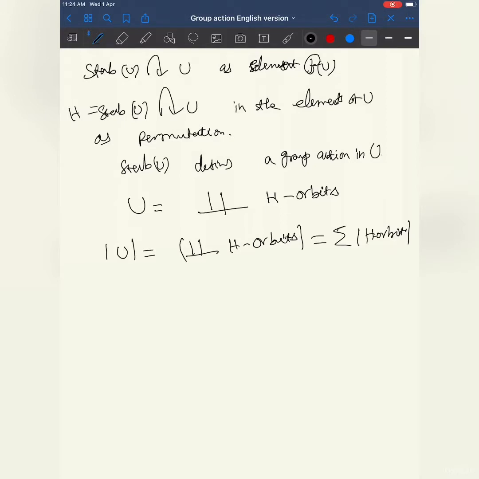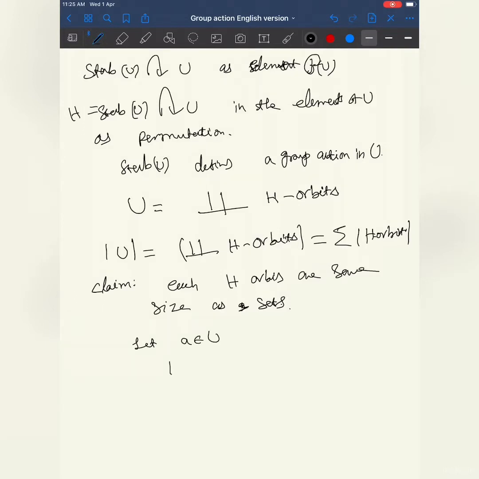This index runs over the different orbits. Remember that I claim each H-orbit is of the same size as a set.